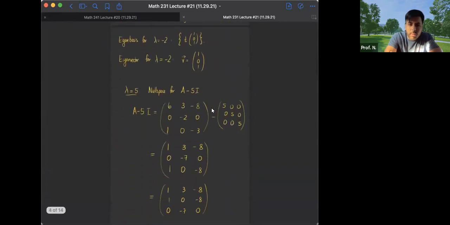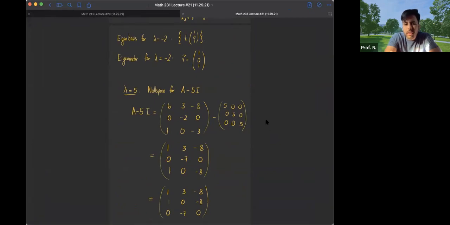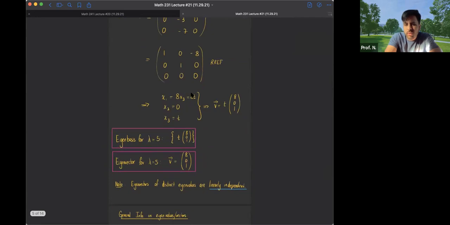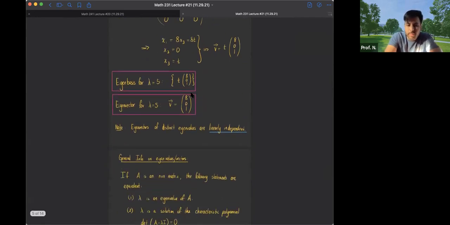And when you find the eigenvalues for the matrices, then you can find the corresponding eigenvectors by finding the basis of the null space of those matrices A minus lambda I, where lambda is the specified eigenvalue. So that's the general basics behind eigenvalues and eigenvectors.